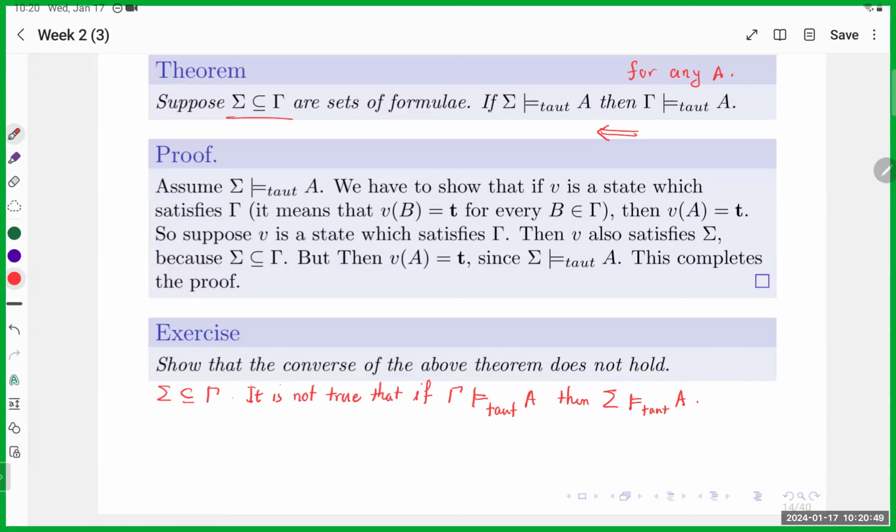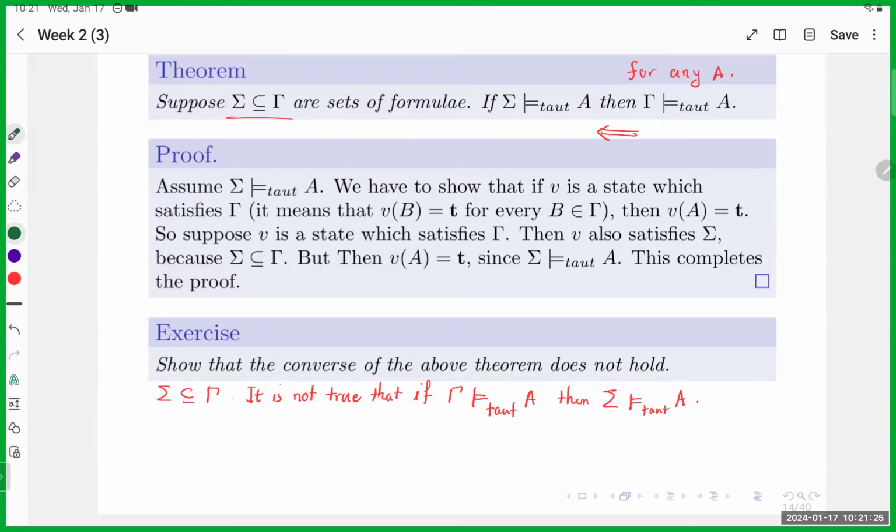Why? How do you show something is false? You find a counterexample, right? That means find a specific sigma and gamma and a specific formula A so that this does not hold. Can anyone think of any such objects? It's an exercise, so I'm going to leave it for you to think.